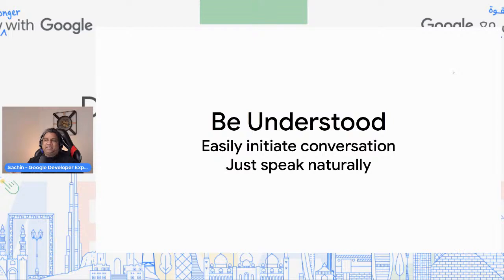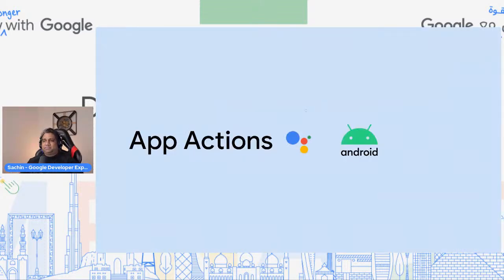So the whole idea is to be understood and to easily initiate conversations by just speaking naturally, right? That's where we are going, for you to be understood based on your environment and your context, and to easily get things done by just naturally interacting with the assistant.